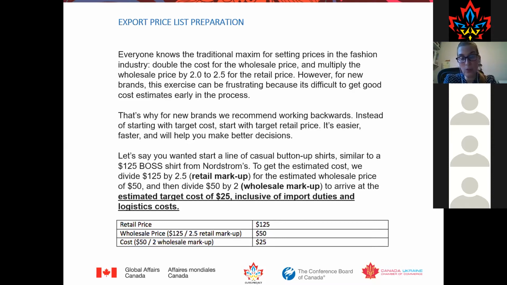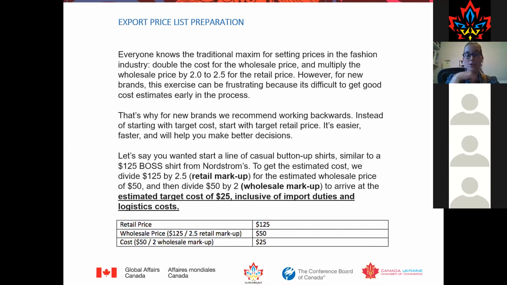So first of all, the regular way people calculate price for export is like what it says at the beginning: double the cost for the wholesale price. Multiply the wholesale price by 2 or 2.5 and you get the retail price. So let's do it vice versa.